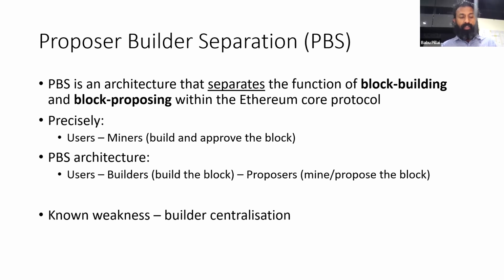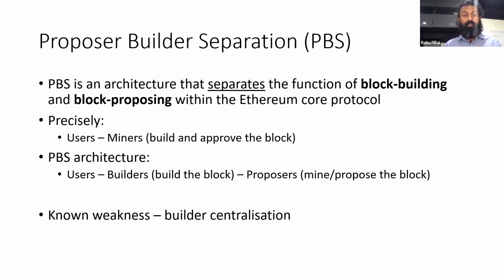In the PBS architecture, we have users and we have a builder. The builder's job is to put together the transactions. They order the transactions in the way that is beneficial for users or builders. We will come to that soon. The builders order the block and the proposer proposes the block. The way it works is the proposer doesn't know what the builder has built at the beginning, and it goes from there.